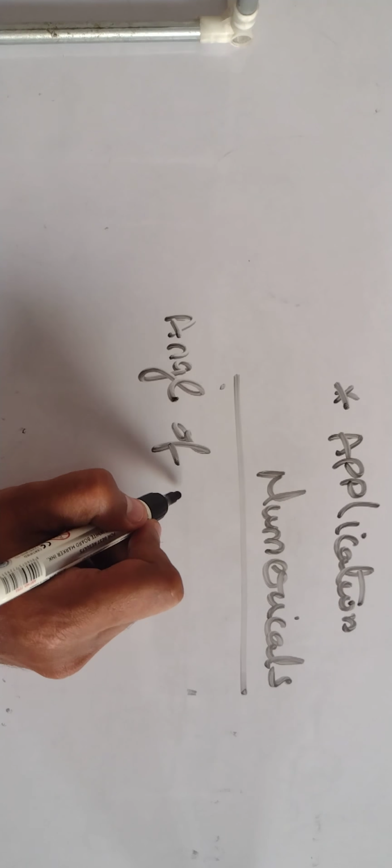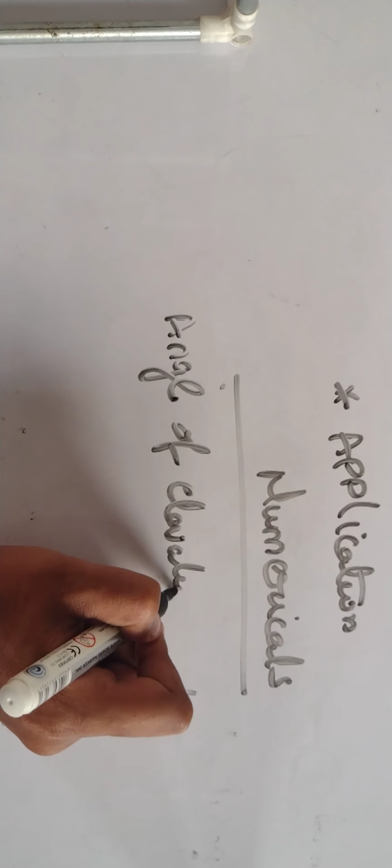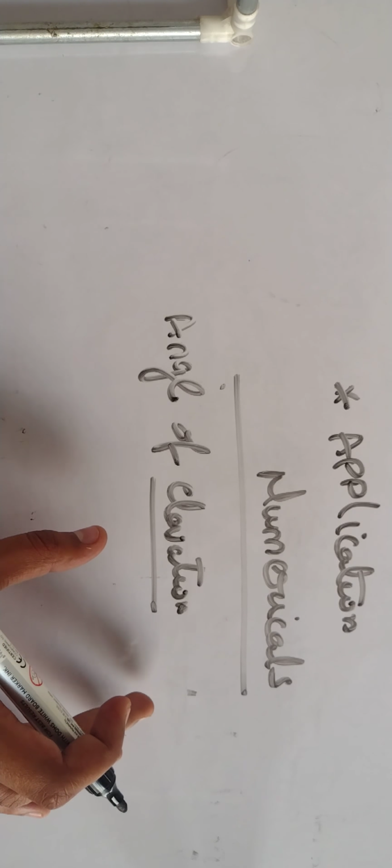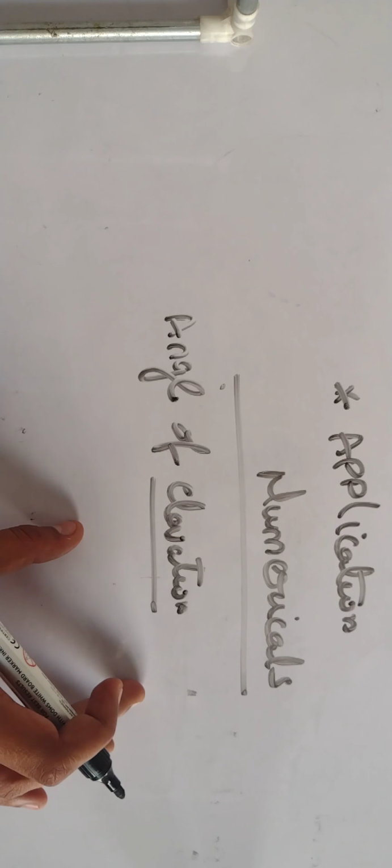For example, what do you mean by angle of elevation? Once you say elevation, what? You are going upwards. If any numerical says you have to find the angle of elevation, it means you have to find the angle which is upwards. For example, say this is you on the base.